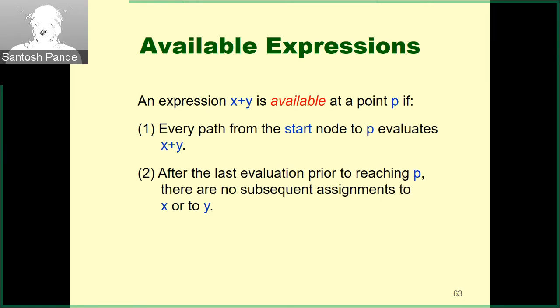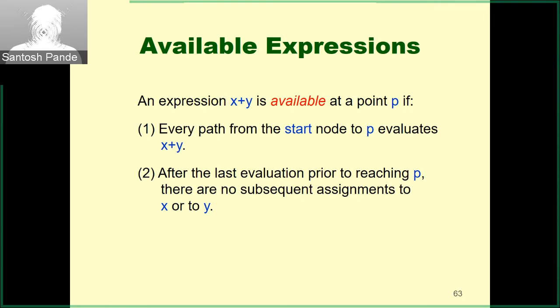And then the other condition is this, which is pretty straightforward and simple to understand. After the last evaluation of this particular x plus y, and prior to reaching P, we do not have any assignments to x or to y.